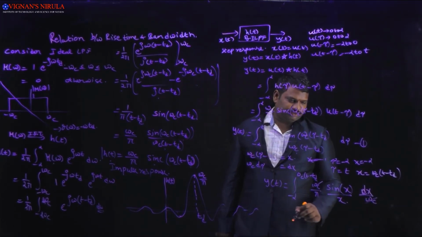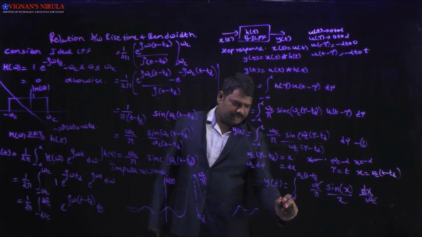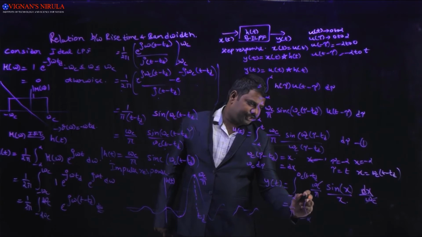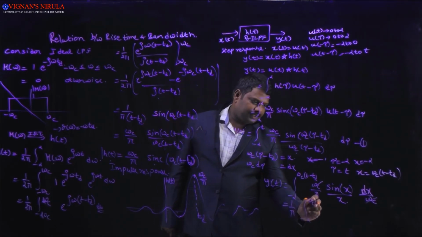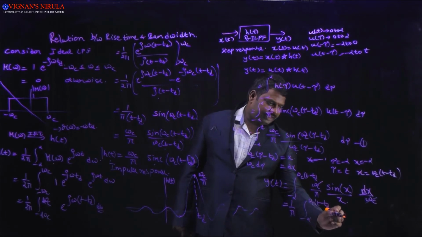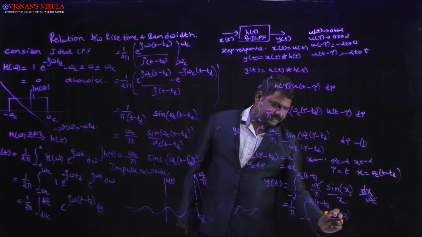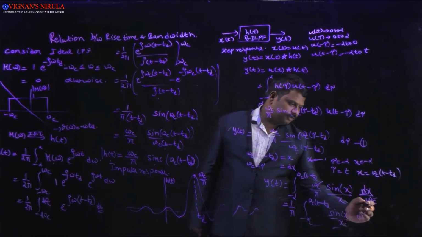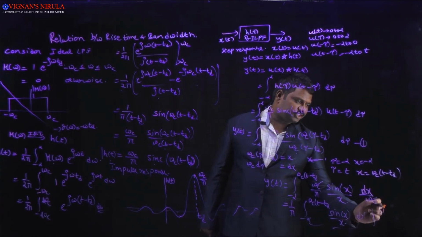This omega c will get cancelled, and keep 1 by pi outside. Integral from minus infinity to omega c of t minus td of sine of x by x dx. This entire thing is nothing but our sine integral function.